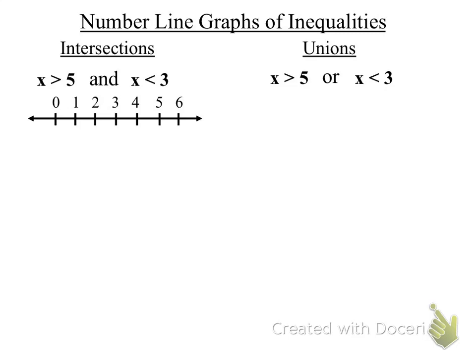Now, x is greater than 5 and x is less than 3. Look at this situation. What is the rule here? Yes. There's stuff that are in common in both sets, which is nothing. It's an empty set. Okay? Three more number lines to look at.